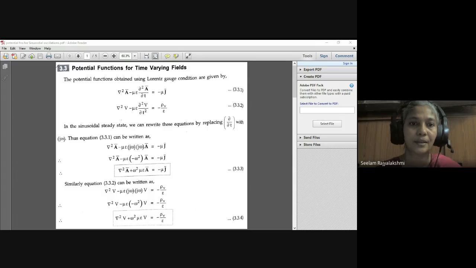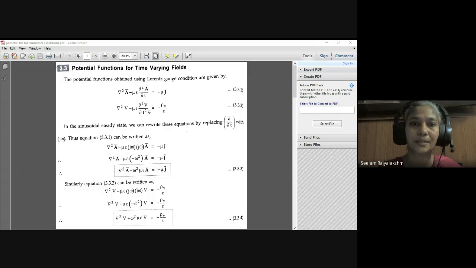Here we replace del by del t with j omega, so j omega into j omega, and j square equals minus 1. So minus omega square A bar equals minus mu J bar, and del square A bar plus mu epsilon omega square A bar equals minus mu J bar. This is equation number 3.